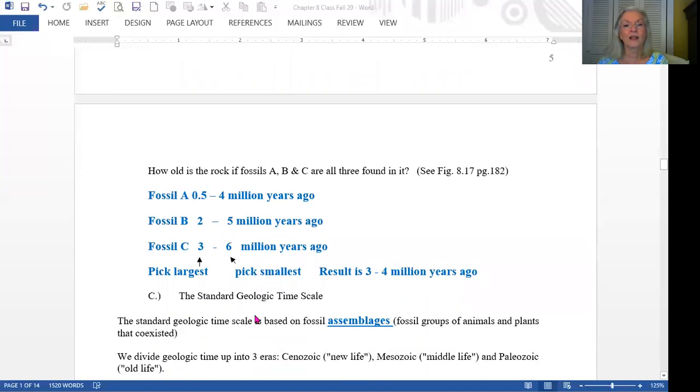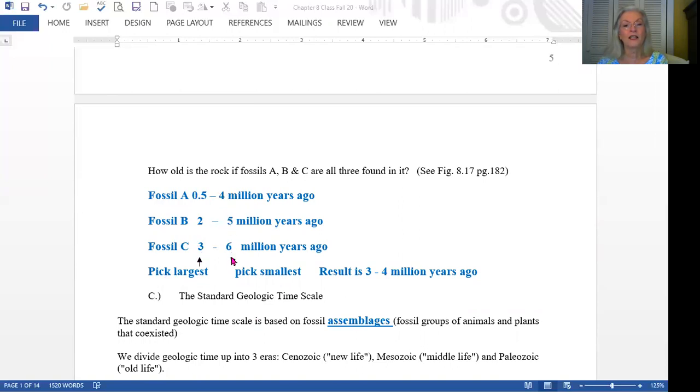We'll go ahead and write it all out so you can see my logic. So I did it on the graphic, but we could have written it down. We could have said fossil A, 0.5 to 4 million years ago. Fossil B, 2 to 5 million years ago. Fossil C, 3 to 6 million years ago. So if we look at our starting numbers, we pick the biggest one of those, that was the 3.